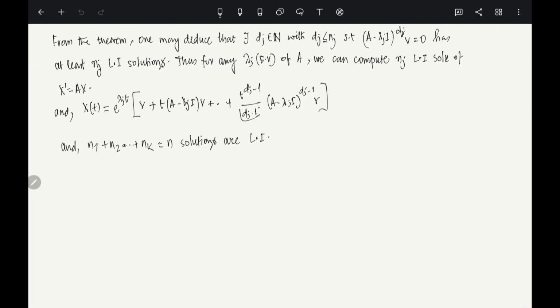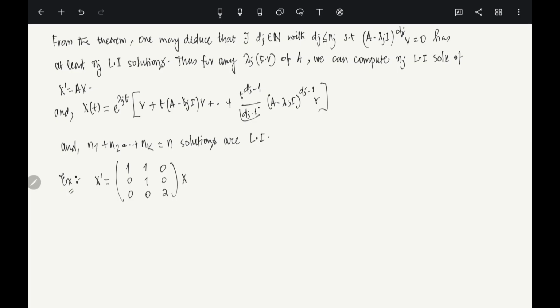As an example, let me do an example, so it may become clear. Let's say x prime equals the matrix with rows (1 0 0), (1 1 0), (0 0 2) times x. Clear?